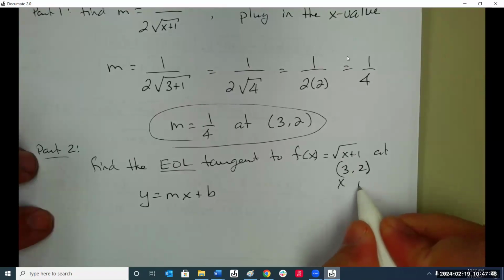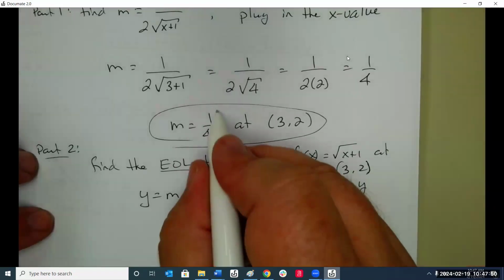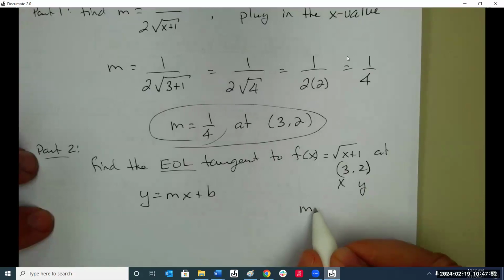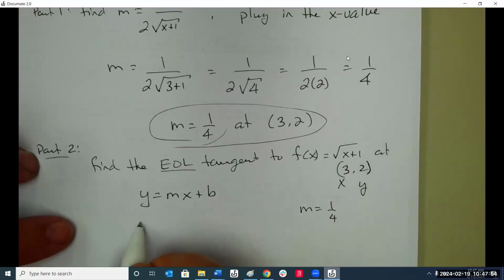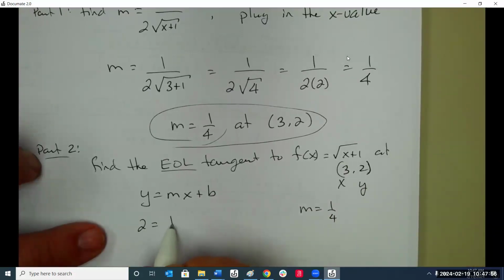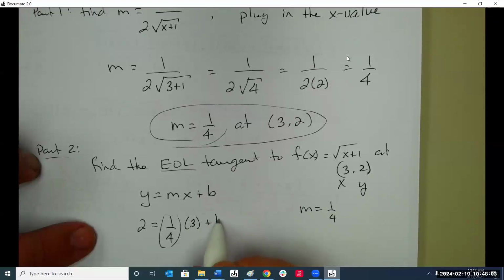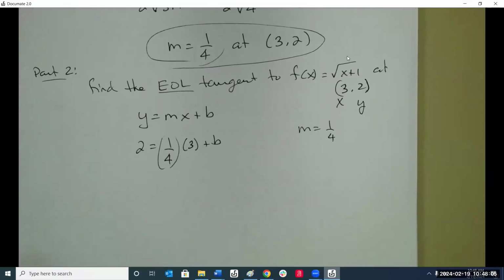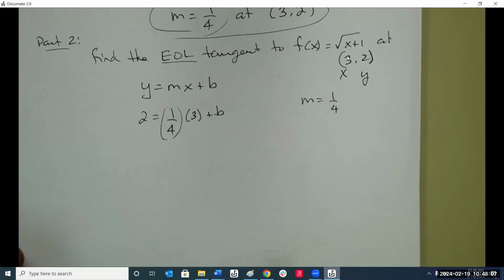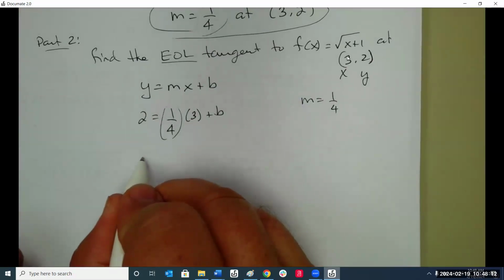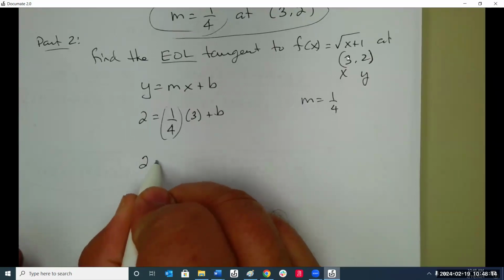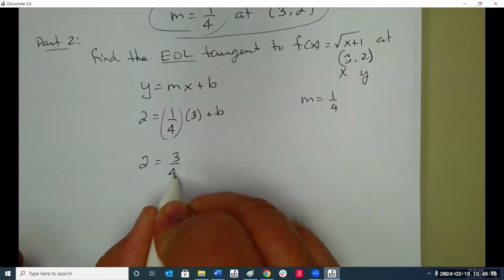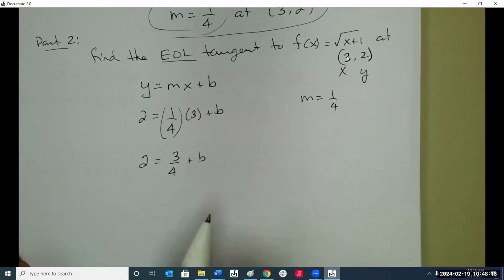We have x, we have y, and we have m. So y is 2, 1/4 is the m, 3 is the x, so we have 2 equals 3 over 4 plus b.